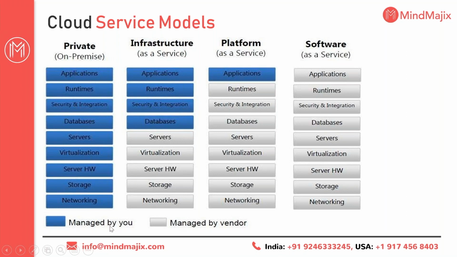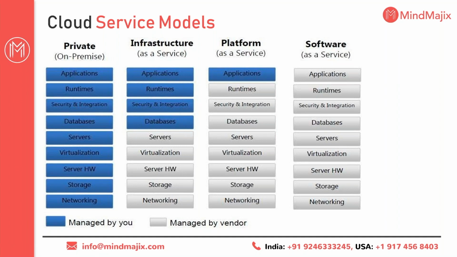Here, blue color is managed by you and gray color is managed by the vendor. So you only need your database, application or runtime, and security integration. You ask the vendor for infrastructure, and on that infrastructure you run your own application. This is called infrastructure as a service.